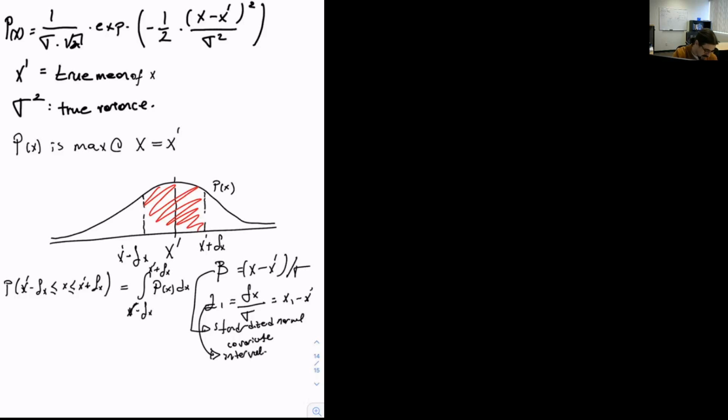The solution of this integral is that the probability of being within minus z1 to plus z1 is given as 2 times the integral from 0 to z1.